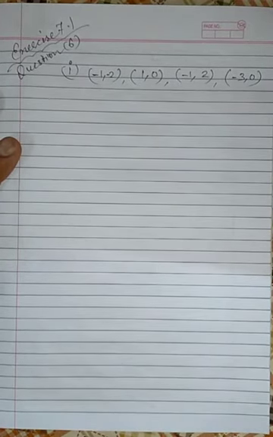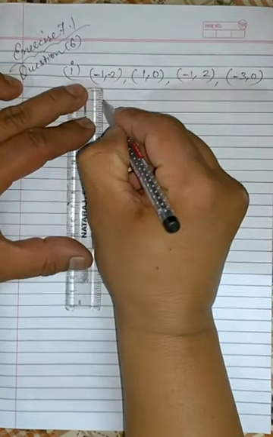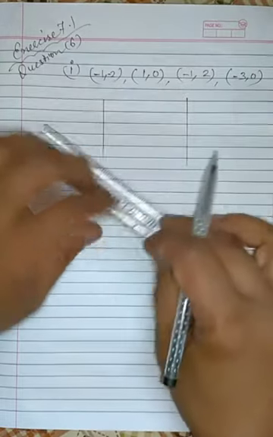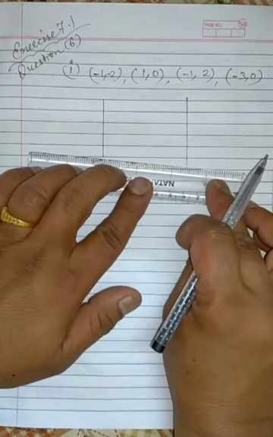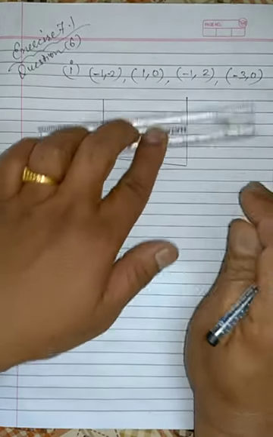Draw a random quadrilateral. Please don't make any special quadrilateral, otherwise you may assume something from that.